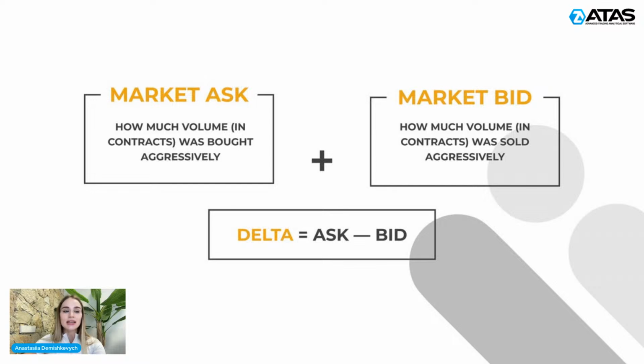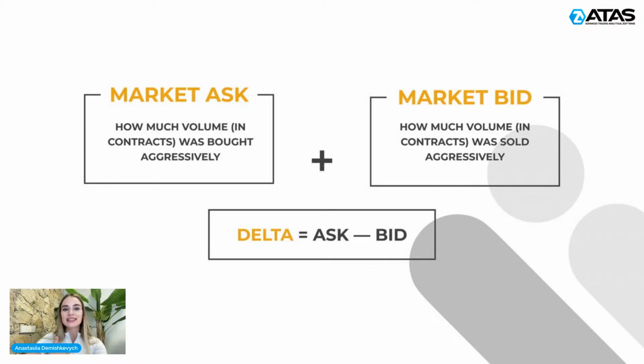So essentially we can say that delta is calculated like this. The volume of aggressive buy by market orders, ask, minus, this should be minus in the center, so be aware, the volume of aggressive market sells, which is the bid.